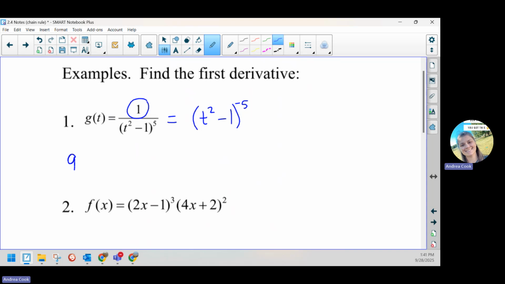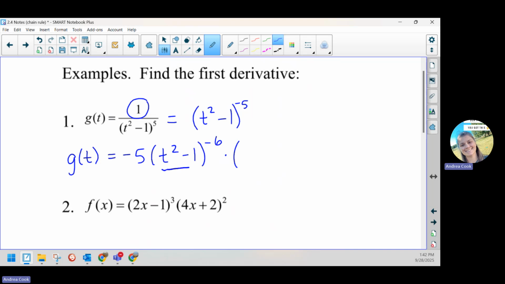And then we're going to take the derivative using that chain rule. So my outside function is that negative 5th power. So I'm going to bring negative 5 down, keep the inside function the same, subtract 1 from the power, and then chain on the derivative of the inside.